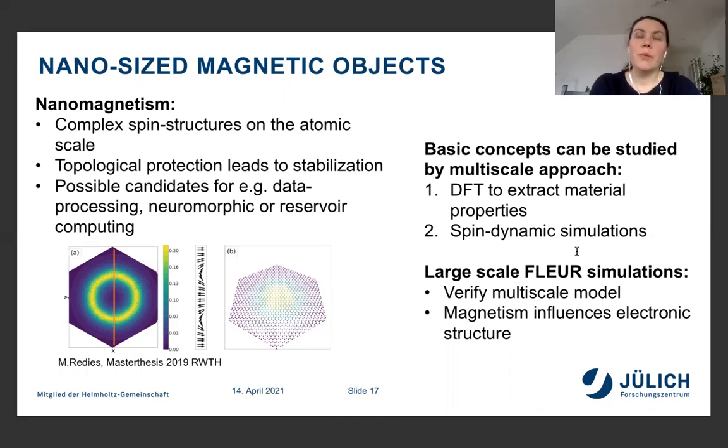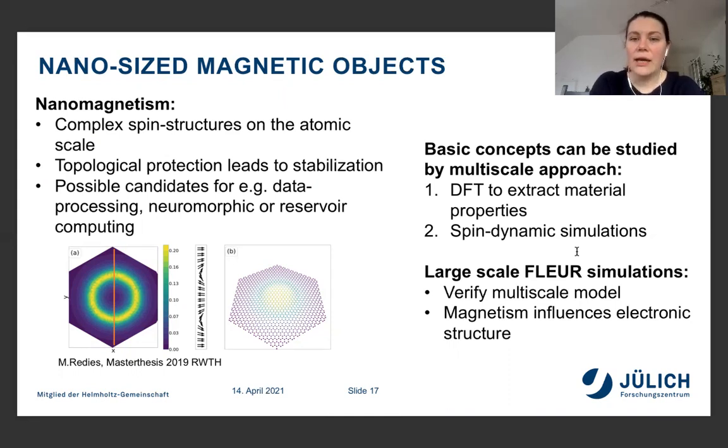One of the recent topics is complex spin structures on the atomic scale. In such systems, topological protection leads to stabilization, to the formation of the so-called quasi-particles. And these are possible candidates for a large amount of applications, for example, data processing and neuromorphic computing.